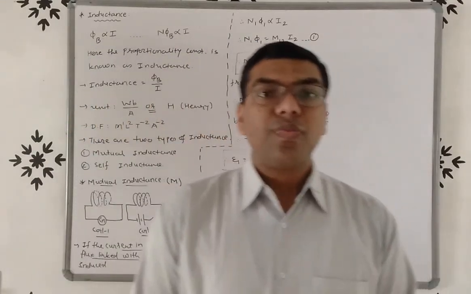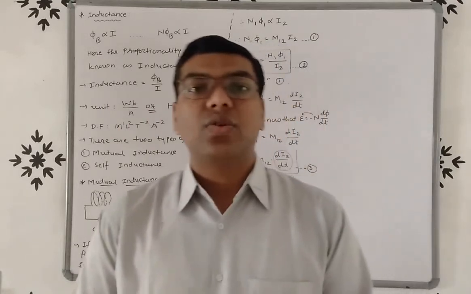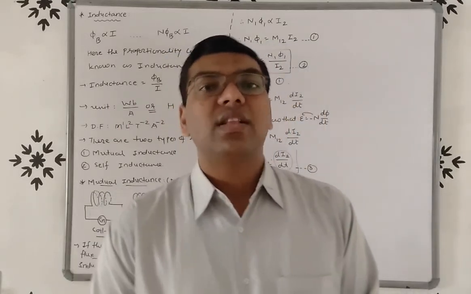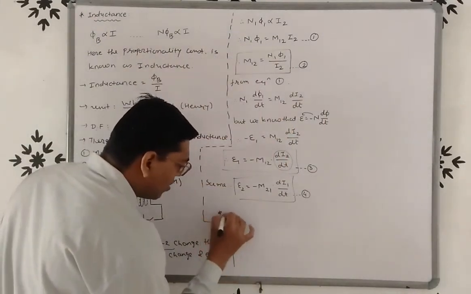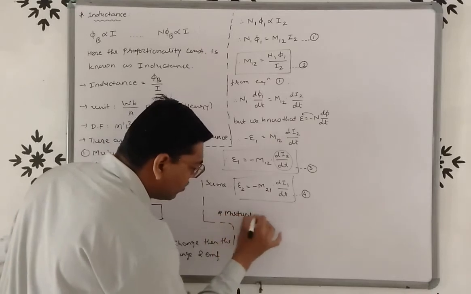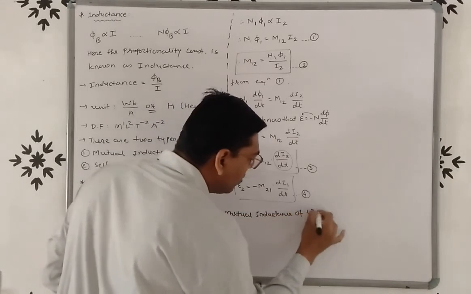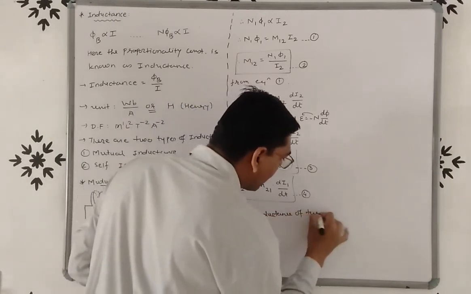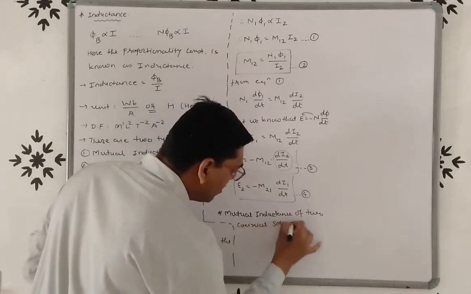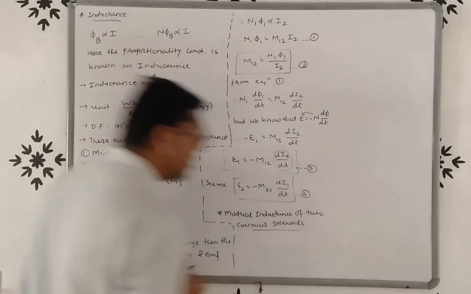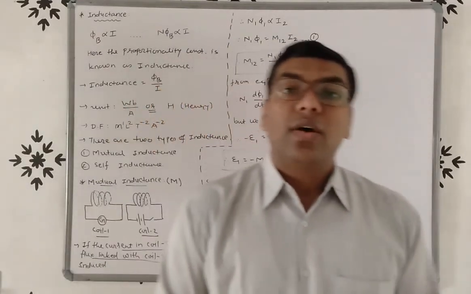Now we discuss the formula of mutual inductance of 2 coaxial solenoids. We already discussed the concept of solenoid.